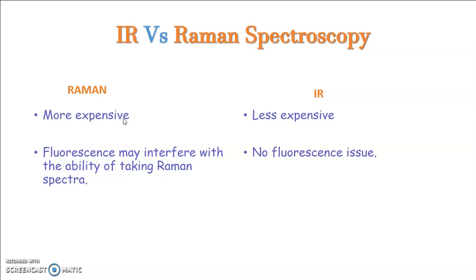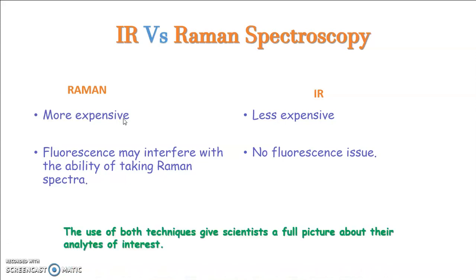Fluorescence may interfere with the ability of taking Raman spectra, which would not be an issue with IR. So, whether you are using Raman or IR spectroscopy, both methods have advantages and limitations. But when combined, these two methods become a powerful tool when performing material characterization.